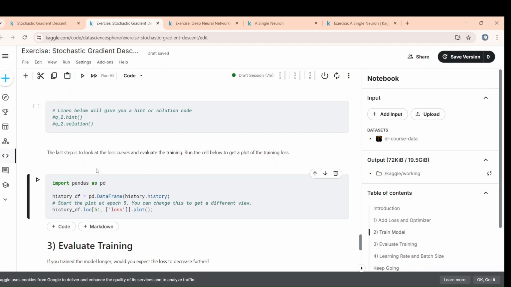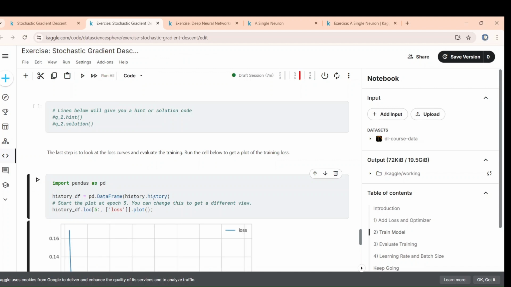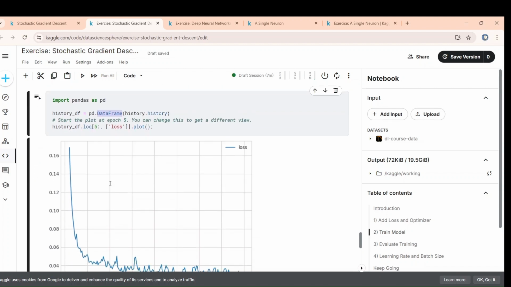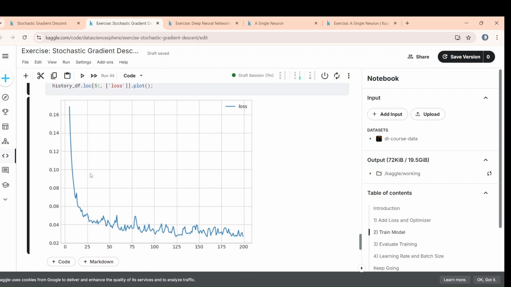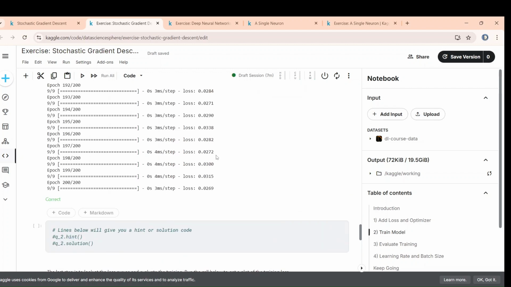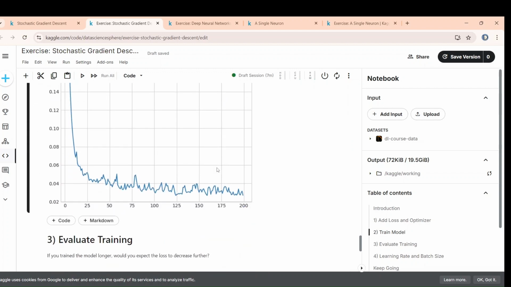Now, if you want to see how the loss curves look, you just plot. For that, you convert the history into a data frame with pd.DataFrame, and then plot the loss. See, the loss has reduced, then increased. Sometimes it has increased, like 0.28 to 0.272, then again to 0.300.